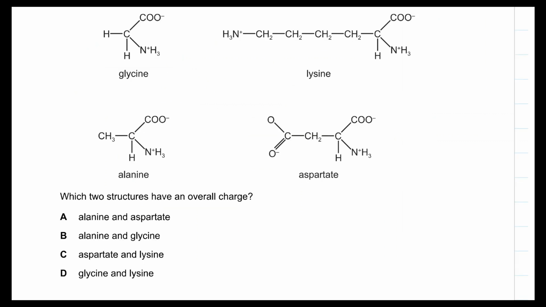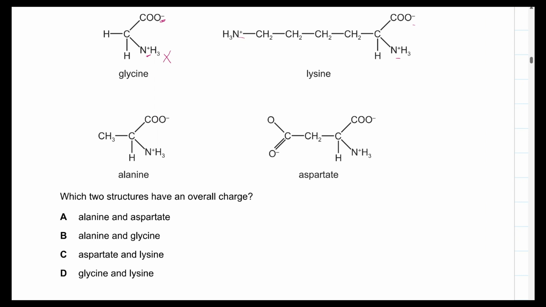Question number 6. The diagram shows the structure of 4 amino acids in aqueous solution. Which 2 structures have an overall charge? This question is actually way easier to answer than you think. All you have to do is look at the charges here and see if they equal out. In this case, negative and positive, so this does not have a charge. Here we have positive, positive, and negative.